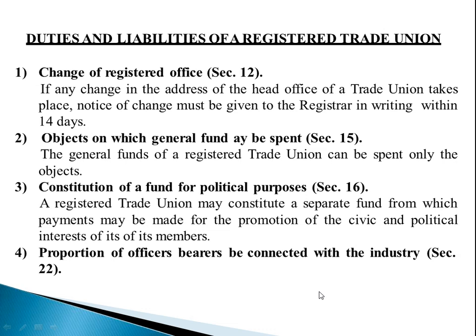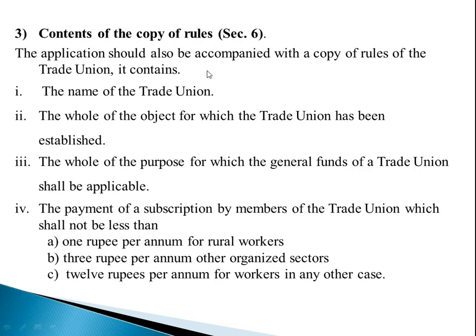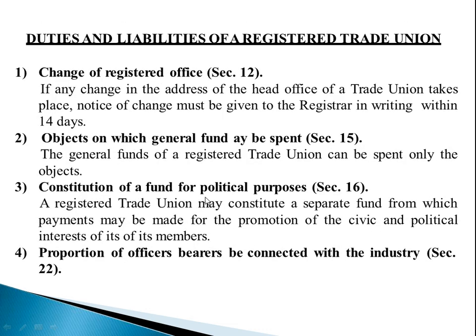If the amount is spent by the union member from the general fund, then this objective should be given properly in the rules, which have to be maintained as registered. As I said, a copy of the rules has to be given, and the rules have to be properly followed when they are using the general fund.